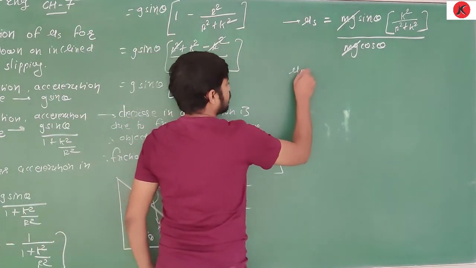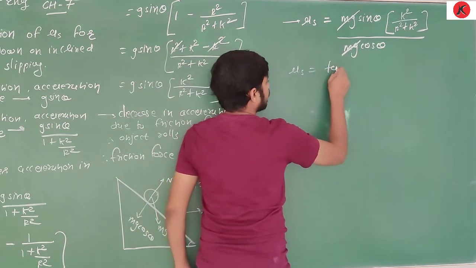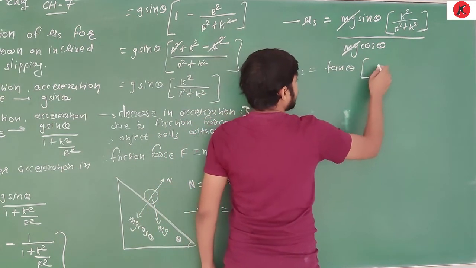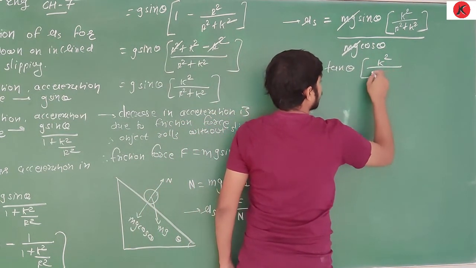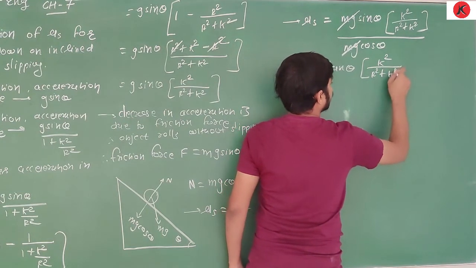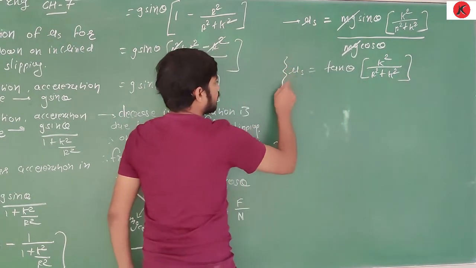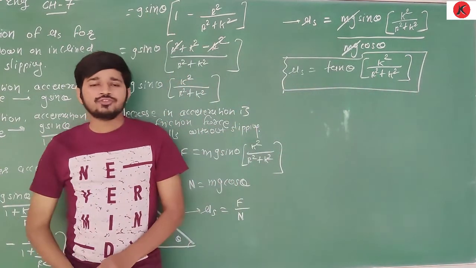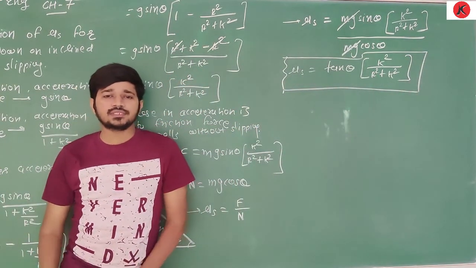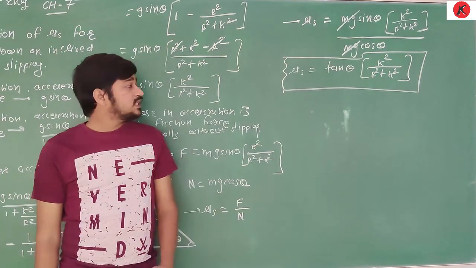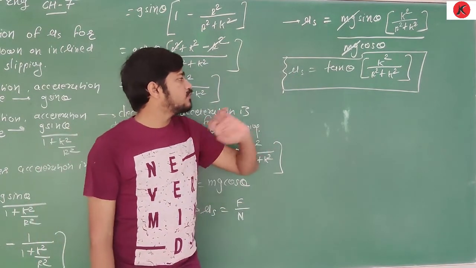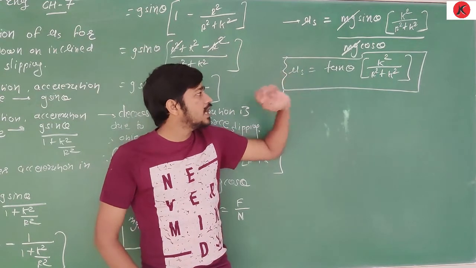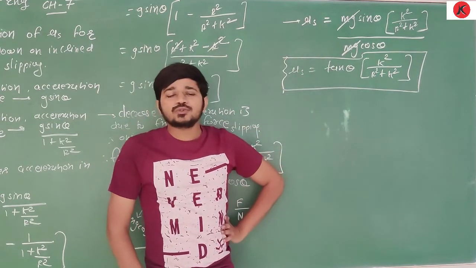So mu s is equal to tan theta in bracket k square upon r square plus k square. This is the equation of mu s, and you have to remember it.